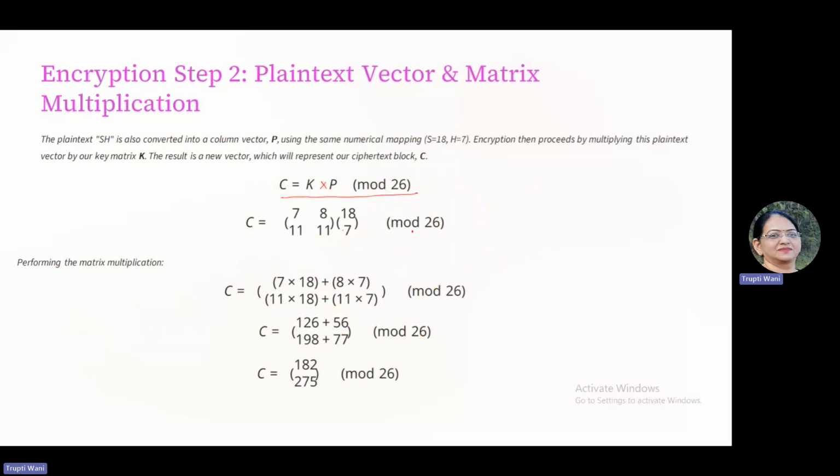Now do the matrix multiplication: 7 into 18 plus 8 into 7, then 11 into 18 plus 11 into 7, mod 26. 7 into 18 is 126, 8 into 7 is 56, 11 into 18 is 198, plus 11 into 7 is 77, mod 26. Adding these numbers, we get 182, 275, mod 26.